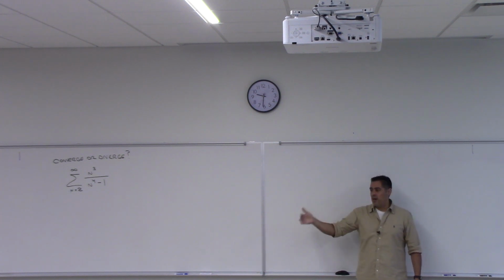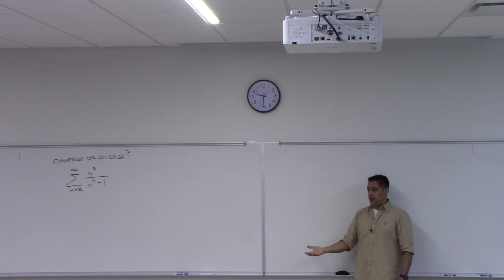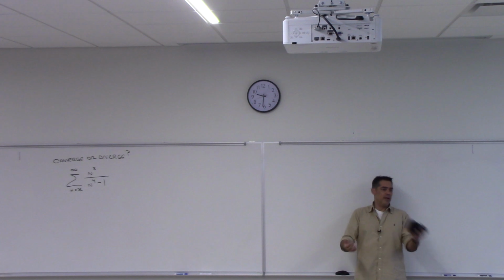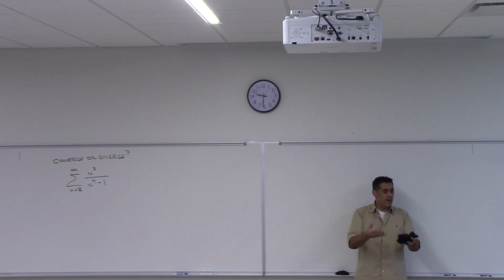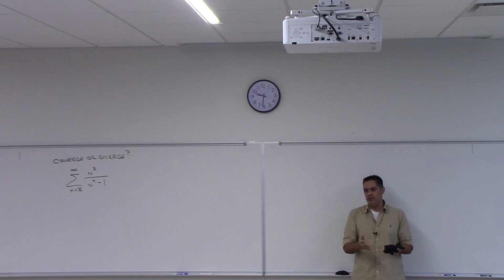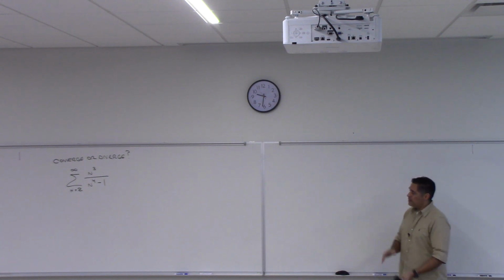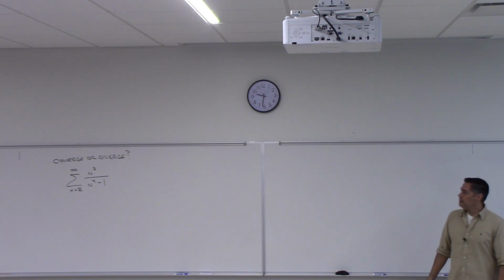One student might do an integral test, another might do a comparison test. When I'm grading, I have to figure out whether you actually showed what you needed to show, because it might work different ways. It's not just one way to do it.